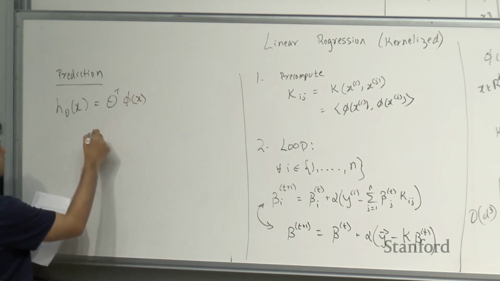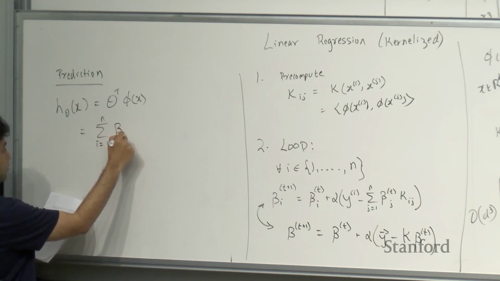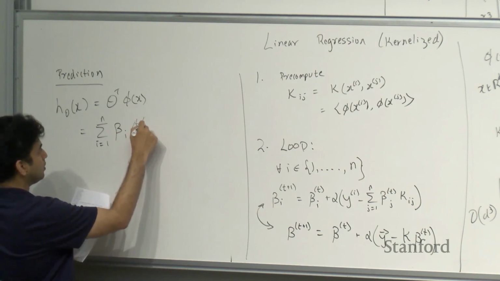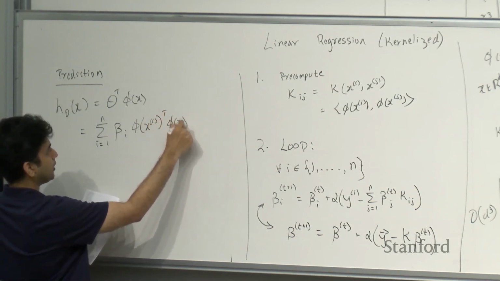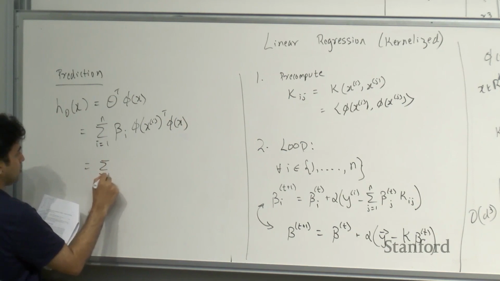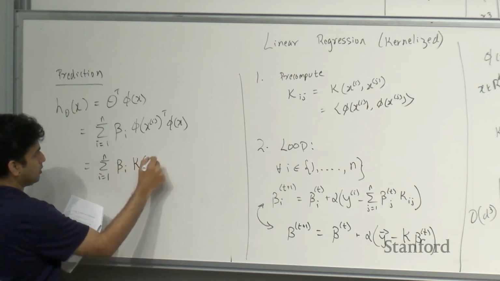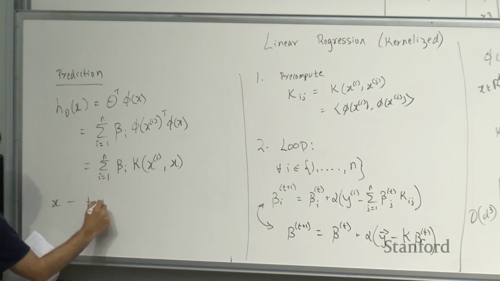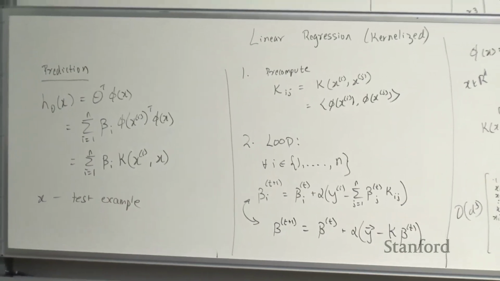Again we expand out theta as the sum for i equals 1 to n of beta_i times phi of x_i, transpose phi of x. This is the sum for i equals 1 to n of beta_i K of x_i comma x, where x is the test example.